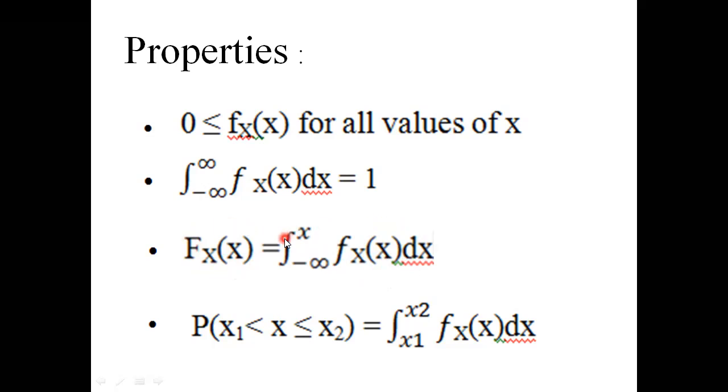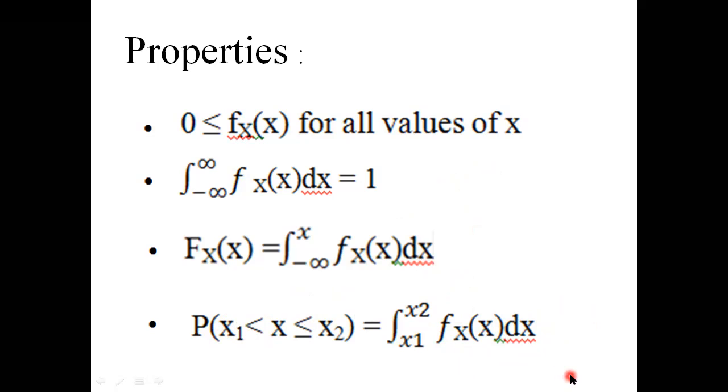Next property: p of x1 less than x less than or equal to x2 is equal to the integral from x1 to x2 of small fx of x dx. That is, the probability between x1 and x2 is equal to the area under the density function between the x1 and x2 limits. So these are the properties of the probability density function.